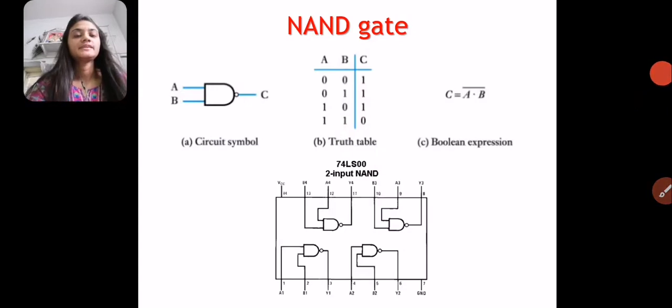Now the NAND gate. NAND gate is the most popular gate used compared to any other gate. NAND gate is also called a universal gate. It is called a universal gate because from it we can make every gate. Every gate can be made from the NAND gate. There is a separate lecture on this, so you can refer to it later.